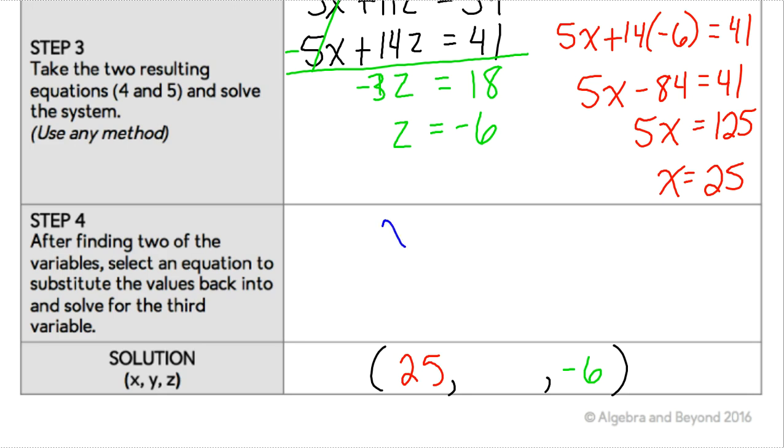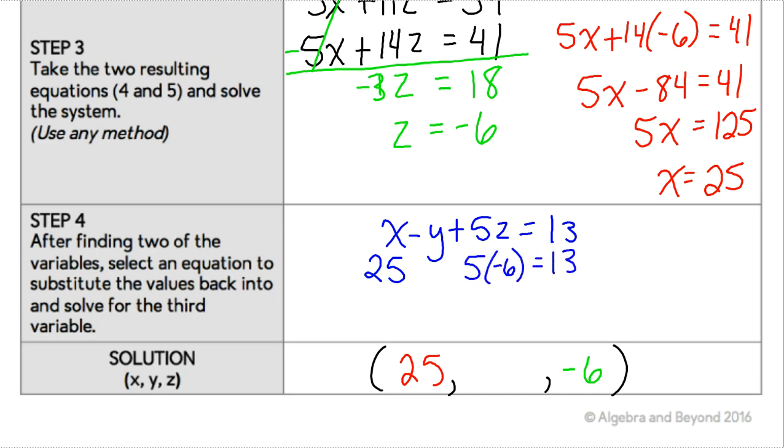So the original equation was x minus y plus 5z equals 13. I know that x is 25, I know that z is negative 6, and I'm just going to fill in the rest of the equation around it.